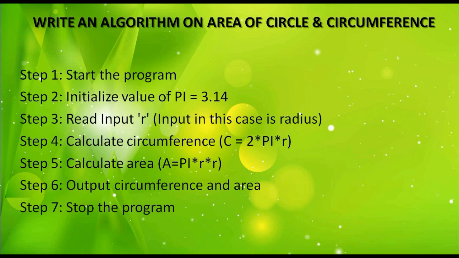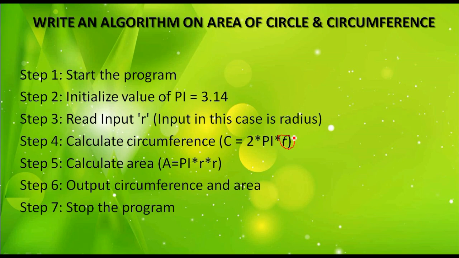After this, we need to read the radius. So for reading the radius, the third step is read input r, or you can write read input radius. So we are using r here, right?